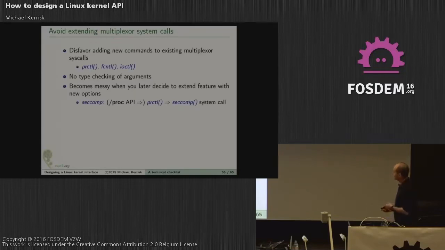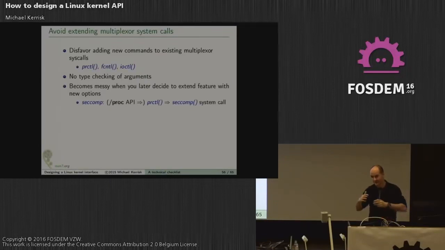So, for instance, seccomp, which a few people have been talking about at this conference. Seccomp is a feature for limiting the system calls an application is allowed to make. It started out being enabled using a /proc API, and that's the ancient history. Then the API for enabling seccomp was moved to PRCTL.